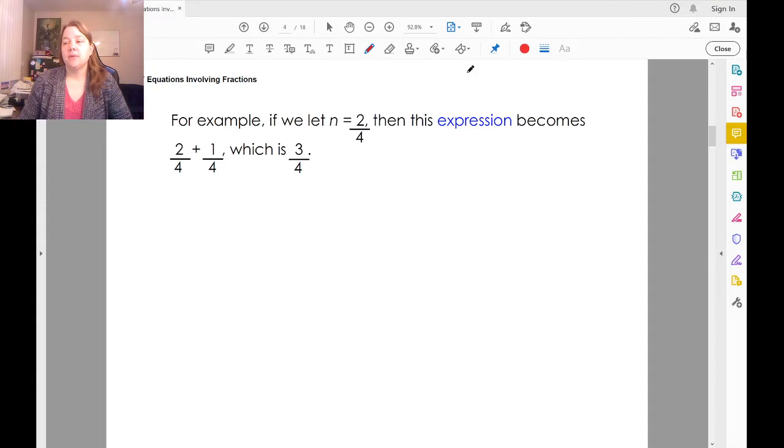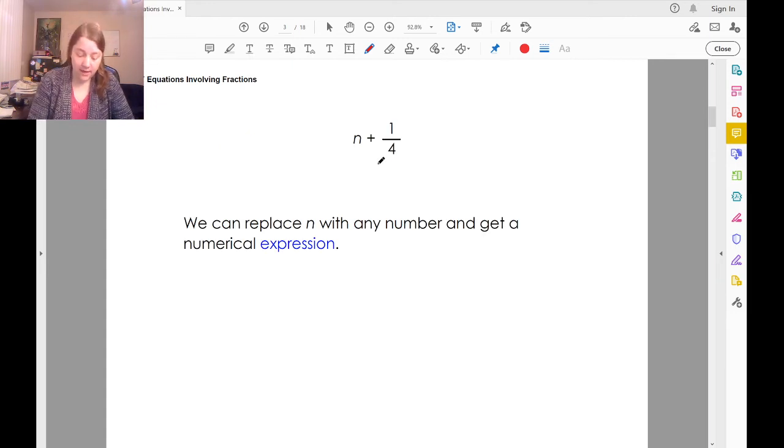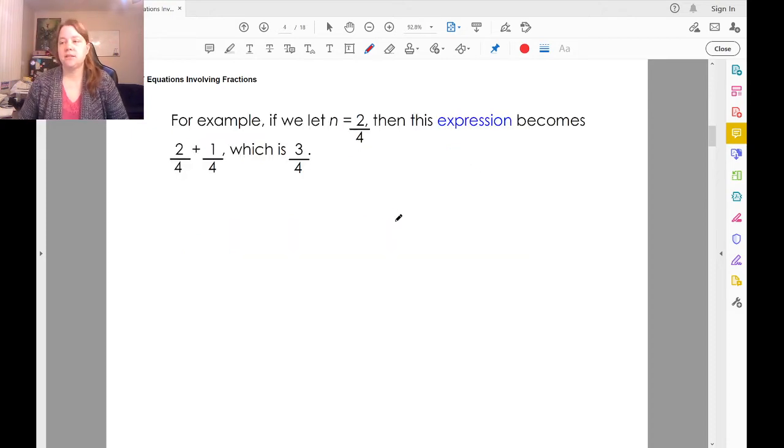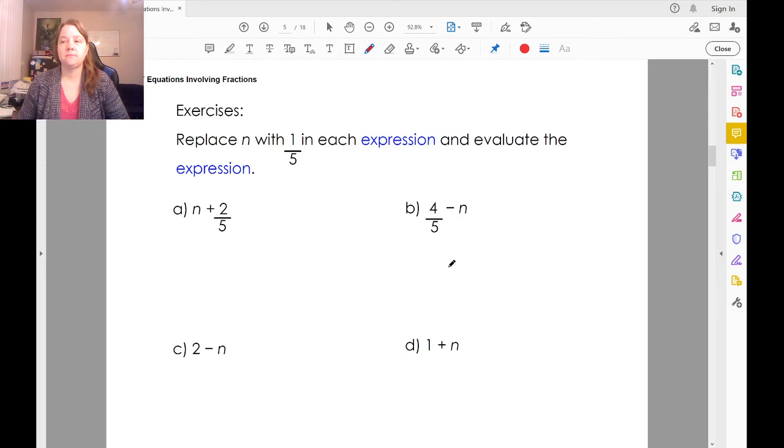For example, if n equals 2/4 in that expression before, that means that instead of n plus 1/4, we have 2/4 plus 1/4. And 2/4 plus 1/4 equals 3/4, just like they're telling us right here.